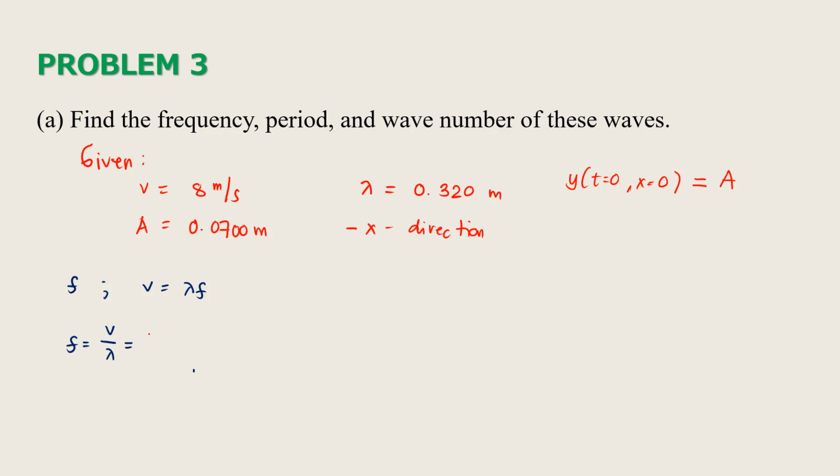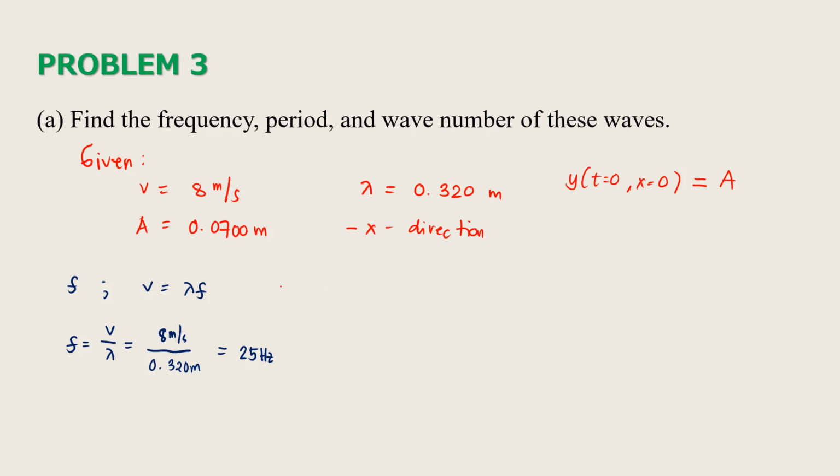So we are given with the value of the wave speed, which is 8 meters per second, and then we have the wavelength, which is equal to 0.320 meter. Therefore, the frequency is equal to 25 hertz.